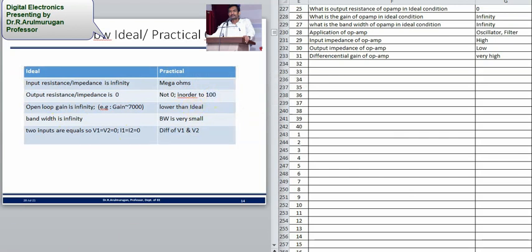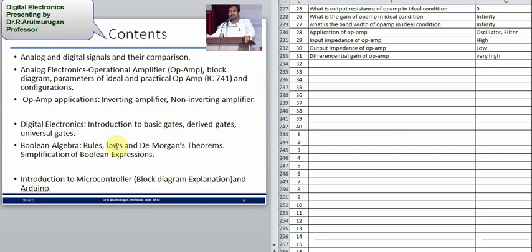So these are the points we discussed about the operational amplifier in analog electronics: the inverting amplifier and the non-inverting amplifier. Non-inverting amplifier means you give the signal to the third pin, the positive pin.